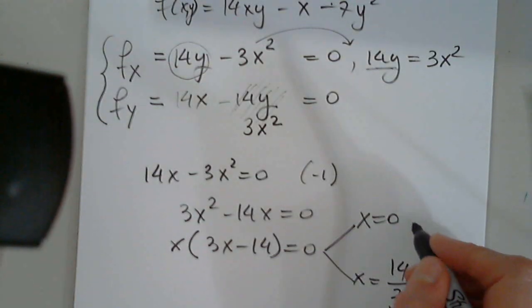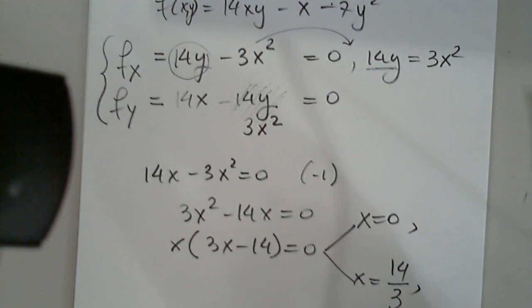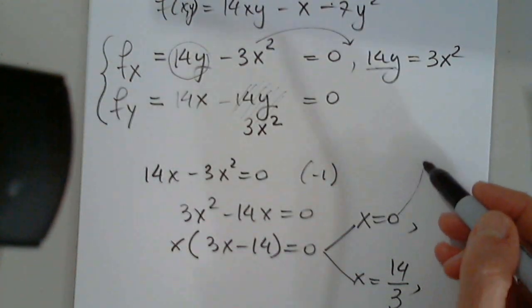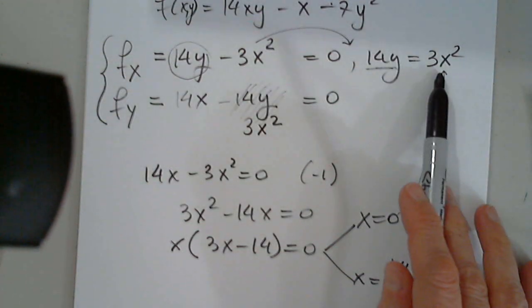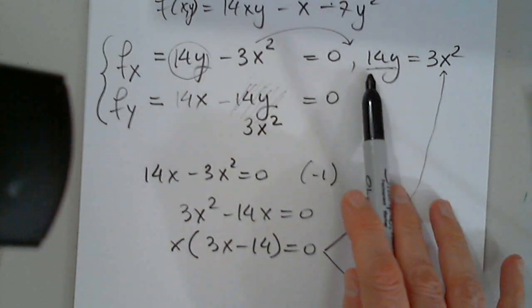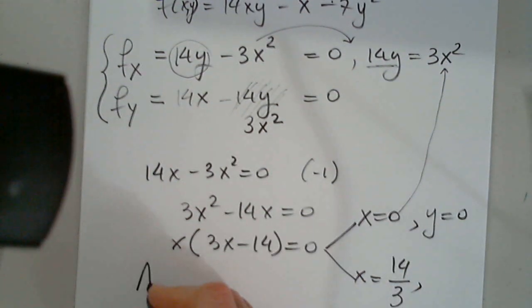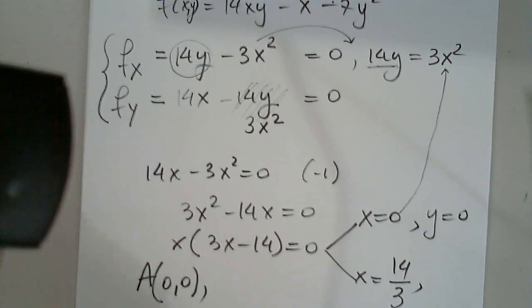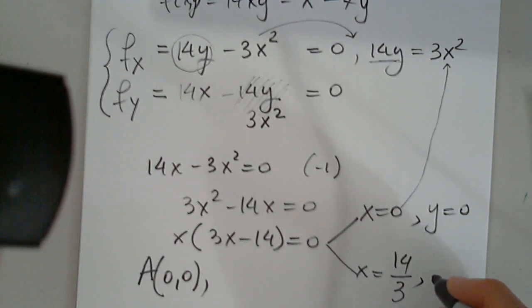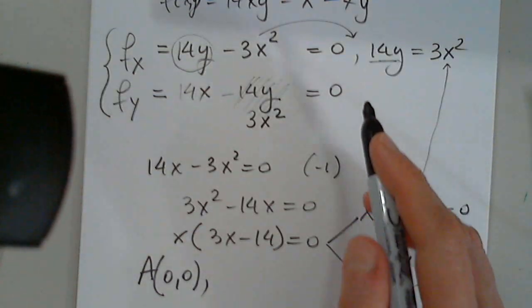At this point I have to determine the y values. So when x is 0, 0 squared is 0. So 14y equals 0 means y equals 0 as well. So point A is 0, 0. I also need to determine the y value here. So what do we have?